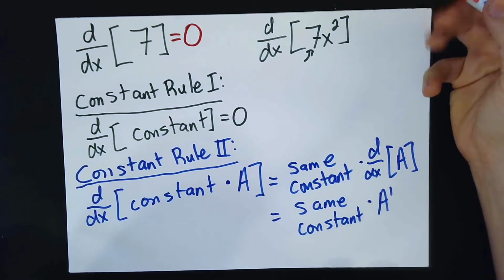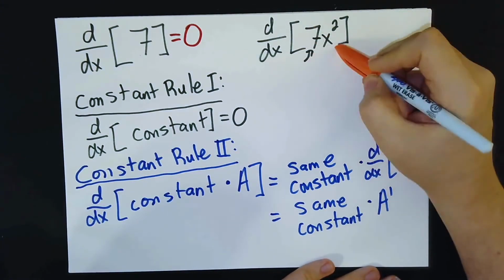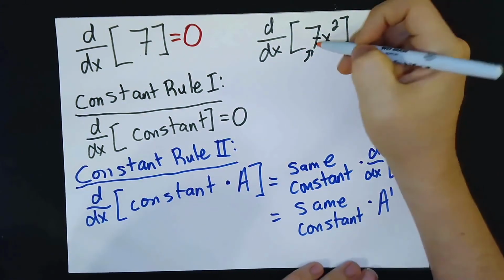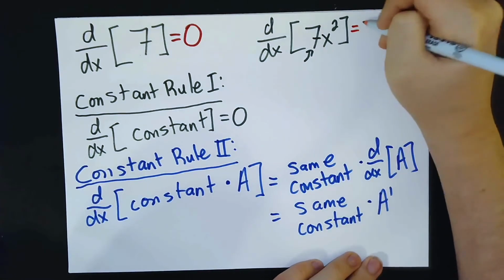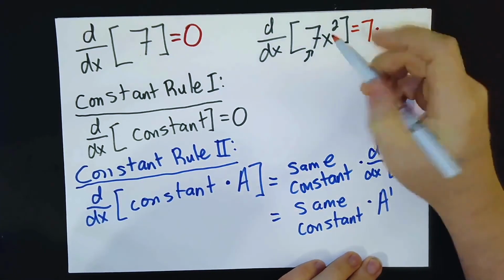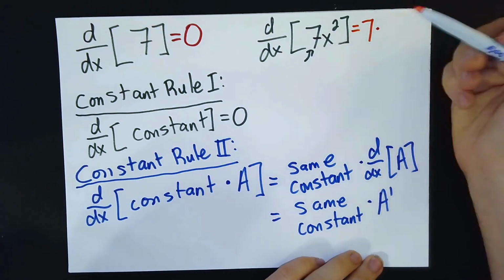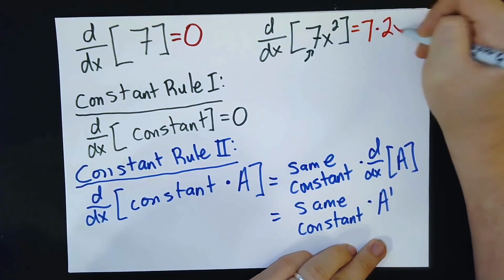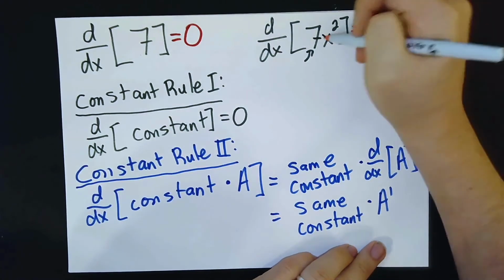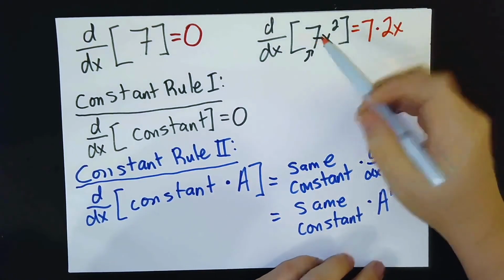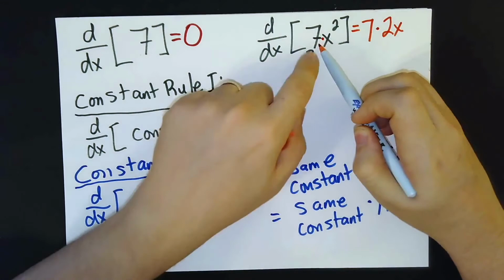So this is saying when I go to take the derivative of 7x squared, I'm supposed to hold on to the 7 and then multiply it by the derivative of x squared, which is 2x by the power rule. So really I broke this up. I have a 7 out front. I keep the 7.